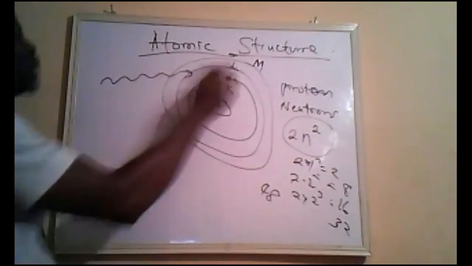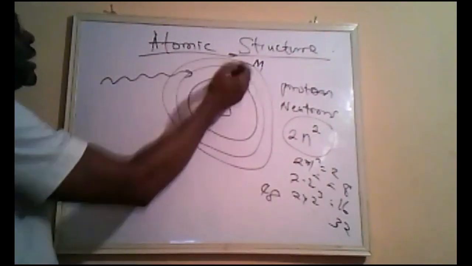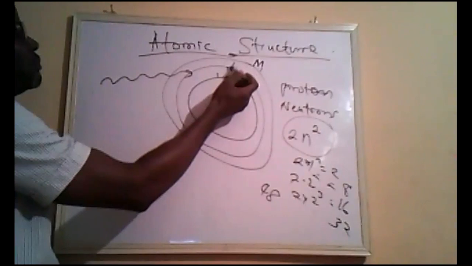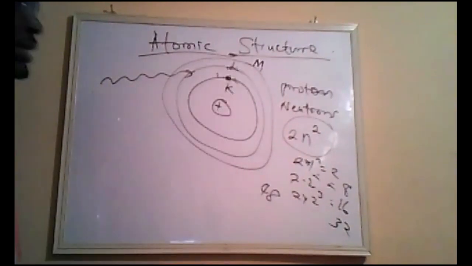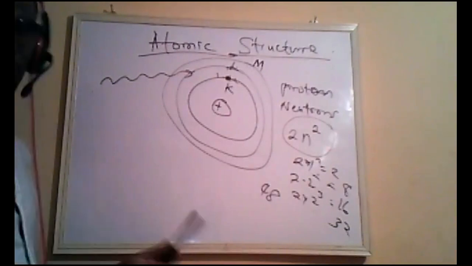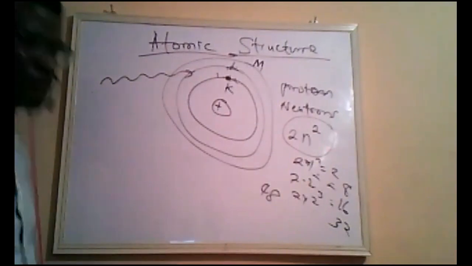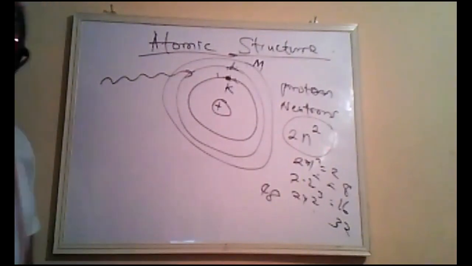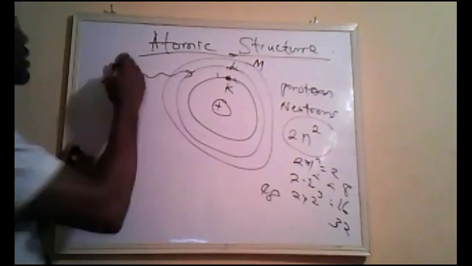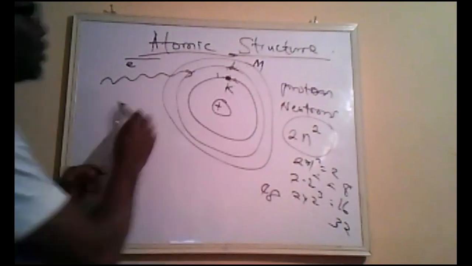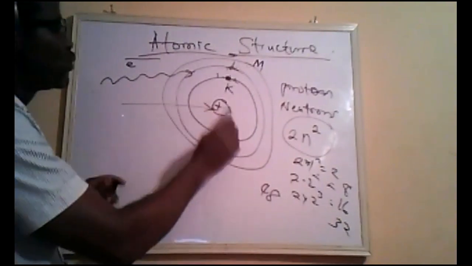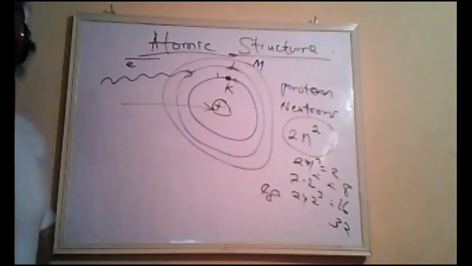When the photon is moving, it can interact with an orbital electron and give rise to one form of interaction or the other. When an electron is moving, it can interact with this electron or even move close to the proximity of the nucleus. We are going to look at that during X-ray production.